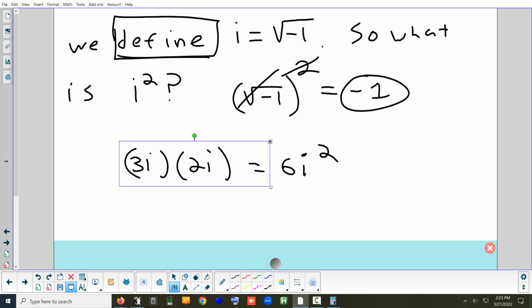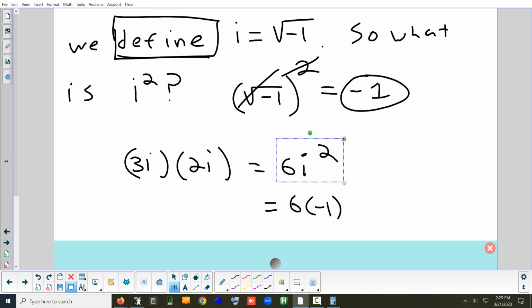Not add them. If you add them, it would be 5i. But if you multiply them, it's 6i squared. But I just told you that i squared is what number? So it's really negative 6. So sometimes when we do arithmetic with complex numbers, the i disappears completely, and it's not even in the final answer.